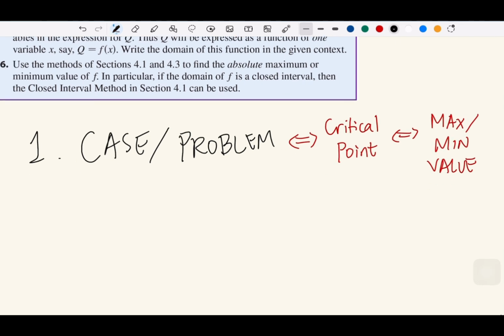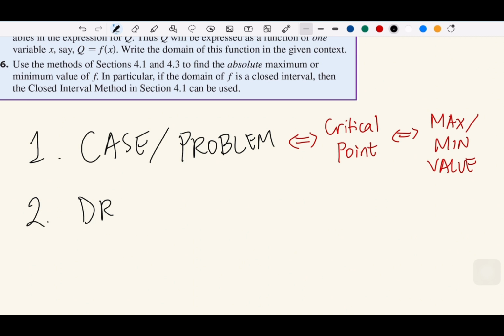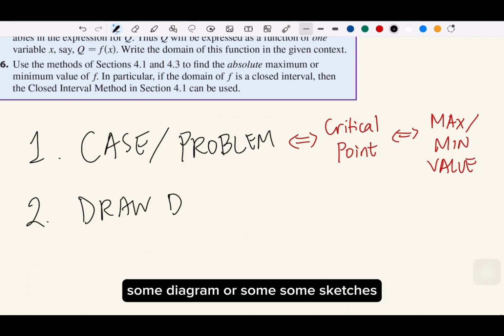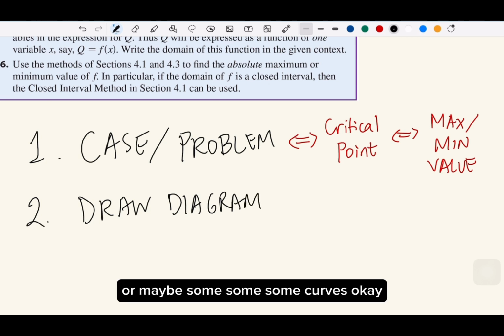The second, what you need to do, the first thing, is usually you are going to draw some diagram or some sketches, either geometric or maybe some curves.